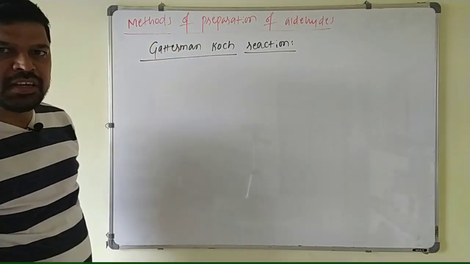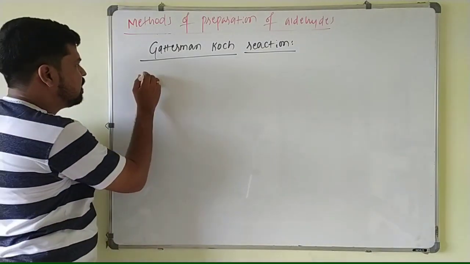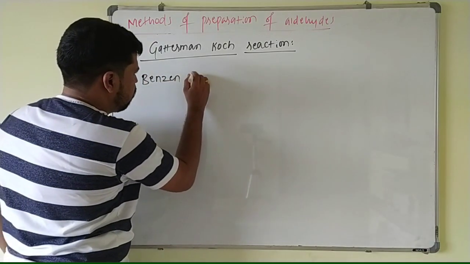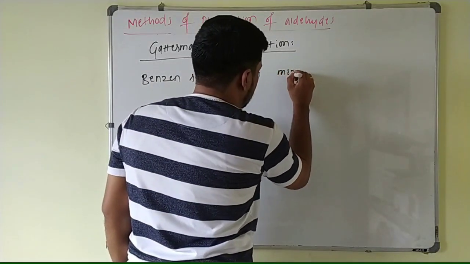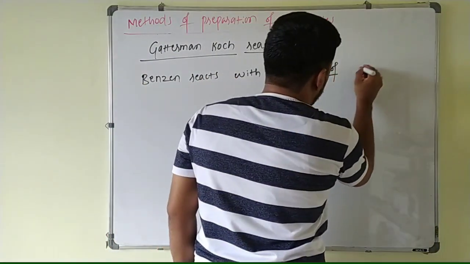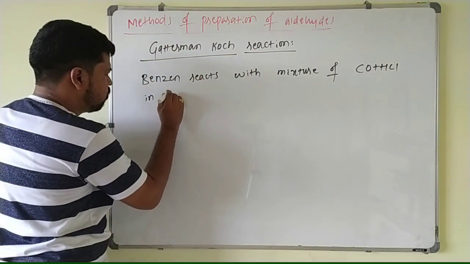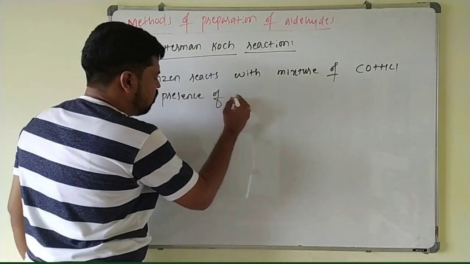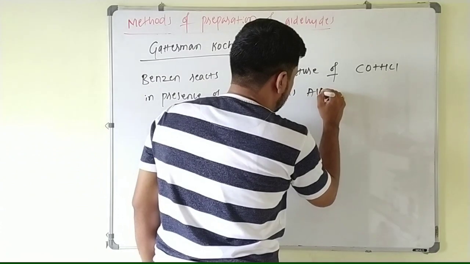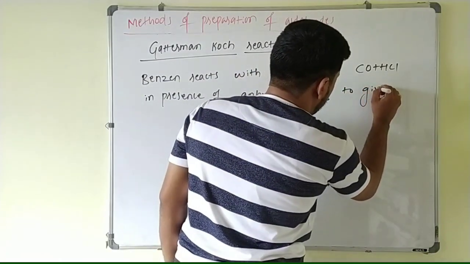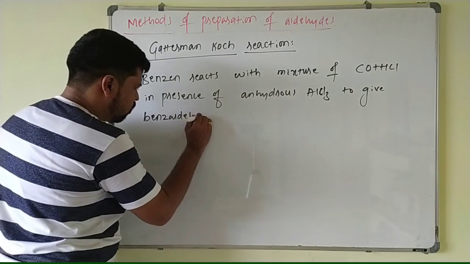In this reaction, benzene reacts with a mixture of carbon monoxide and HCl in presence of anhydrous AlCl3 to give benzaldehyde.